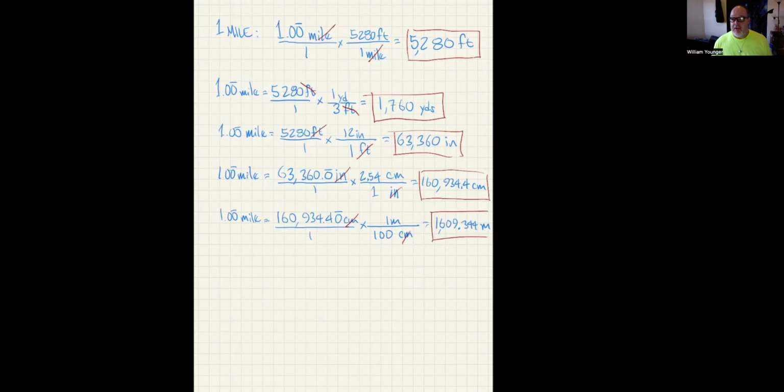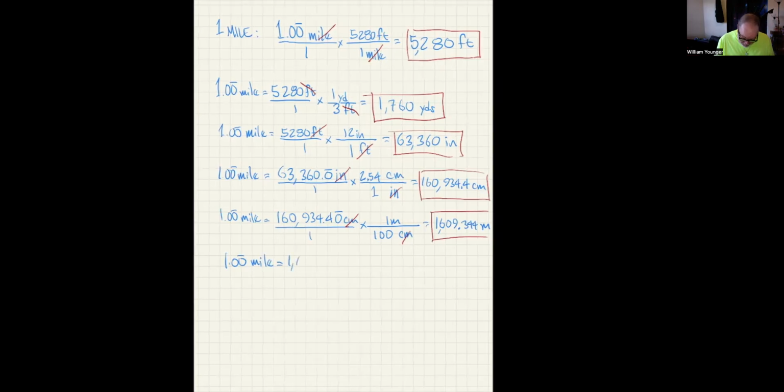1,609.344. That'll come in handy too when we start converting, say, miles per hour to kilometers per hour to ultimately meters per second. And finally, the last bit is how far is a mile in kilometers. So switching back to blue, I've got 1.00 miles. It's actually 1, so that's why I haven't been putting an S on it.